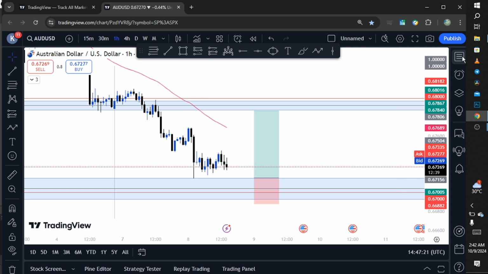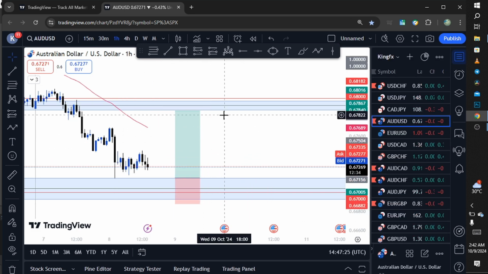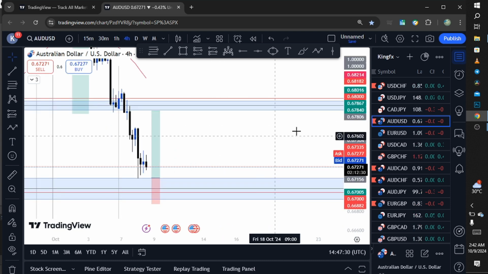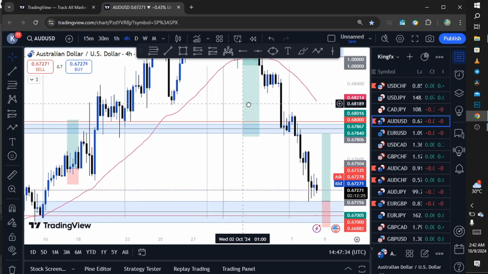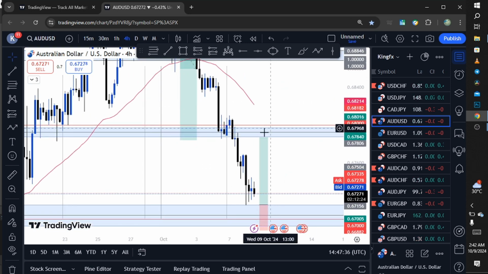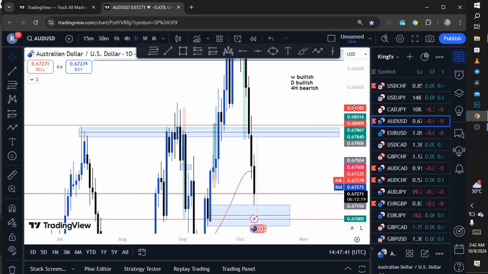All right, so let's look at some other pairs that I'm looking at. So I'm expecting a buy. If this buy happens and we get to this zone, remember on the 4 hour, this is a very strong zone here, a daily resistance level right here. So you could predict a rejection right here.